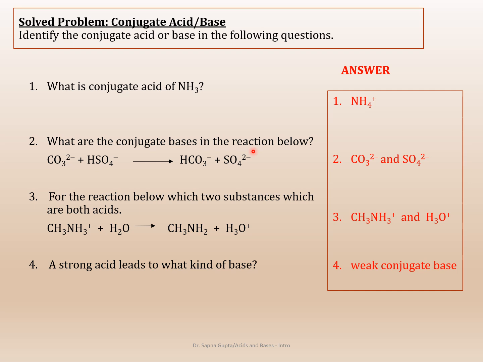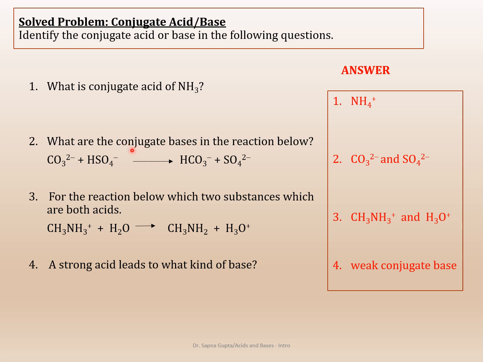Okay, so here is a solved problem, identifying conjugate acids and bases. What is the conjugate base of NH3? Conjugate acid, sorry, what did I say, base? Anyway, what's the conjugate acid of NH3? Just add a proton and you get NH4 plus. What are the conjugate bases in the reaction below?